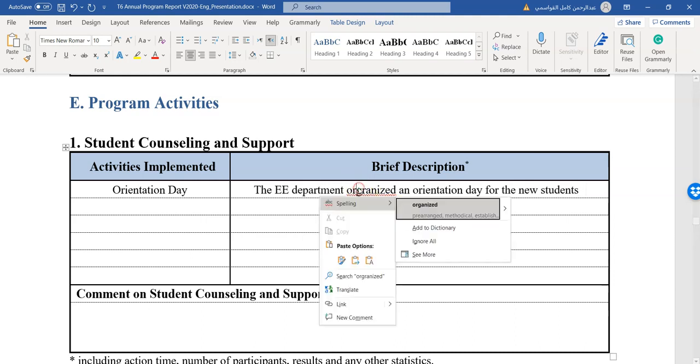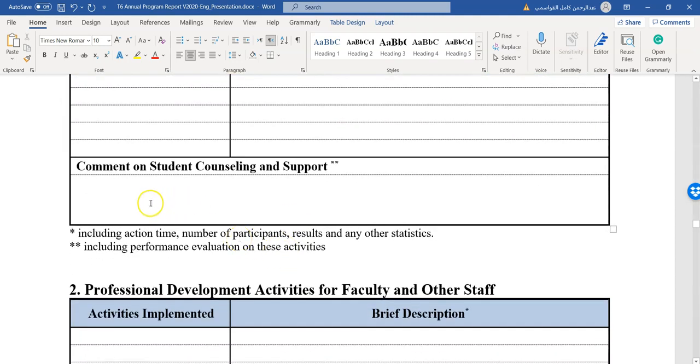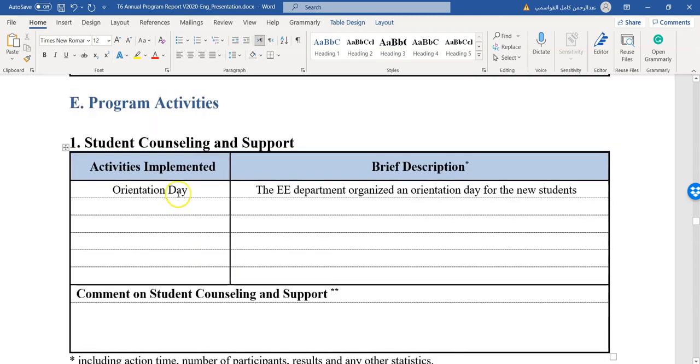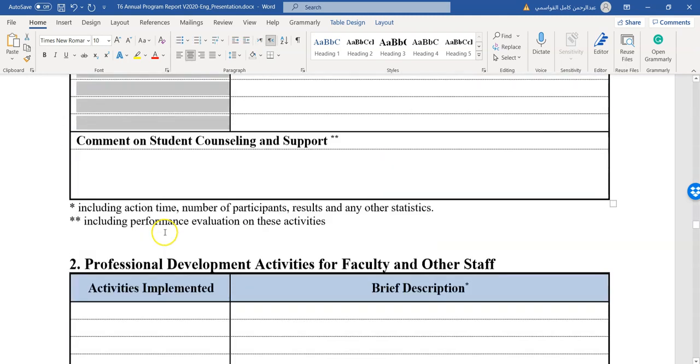This is regarding the counseling and comments here related to all activities.